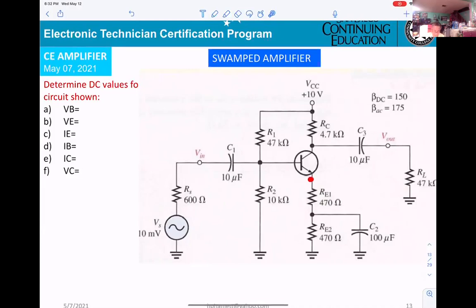So if you measure the AC voltage at the ammeter here, you still get the AC voltage. The thing is, there's no bypass for RE1. However, if you measure at this point here, then you get no AC, because they bypass by C2. That is the first difference for the swamped amplifier. This one will be the same thing, nothing. But this is a problem right here.